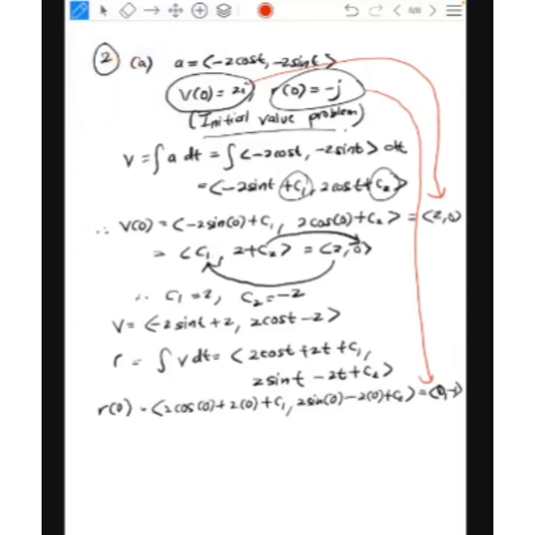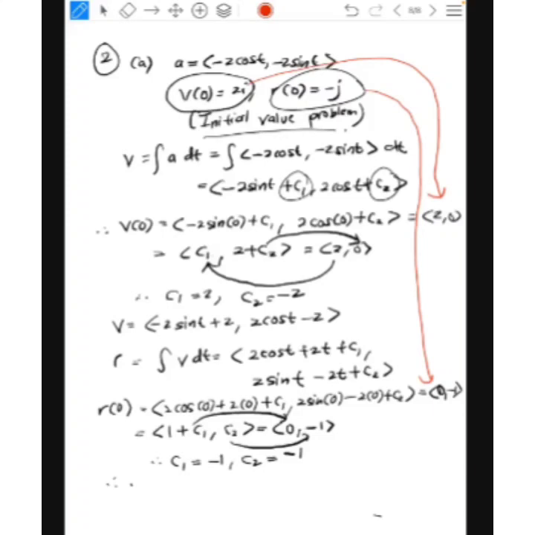Okay, so calculate 2 cos 0. Cos 0 is 1, 1 times 2 is 2, and 2 times 0 is 0, so 2 plus c1. And then sin 0 is 0, so 0 plus c2 equals 0, negative 1. So again, match the first component with the first, and the second with the second. So we get c1 equals negative 2 and c2 equals negative 1.